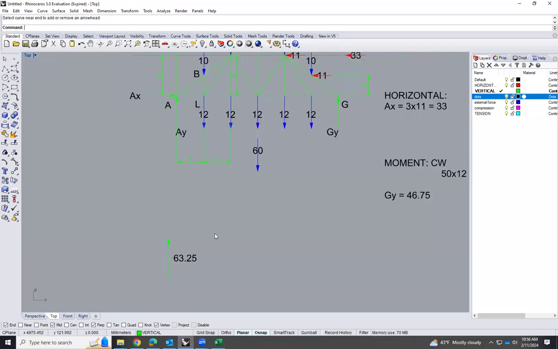The second one is AX. AX is 33, going in the other direction.